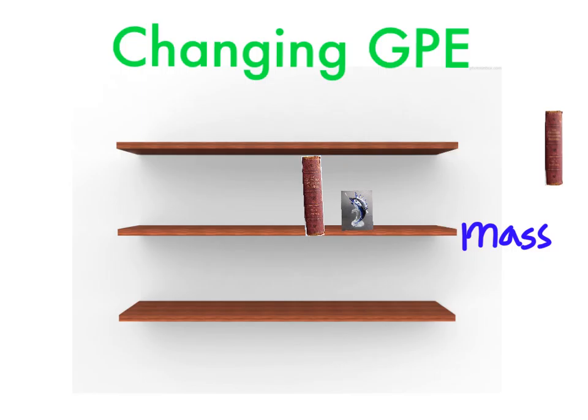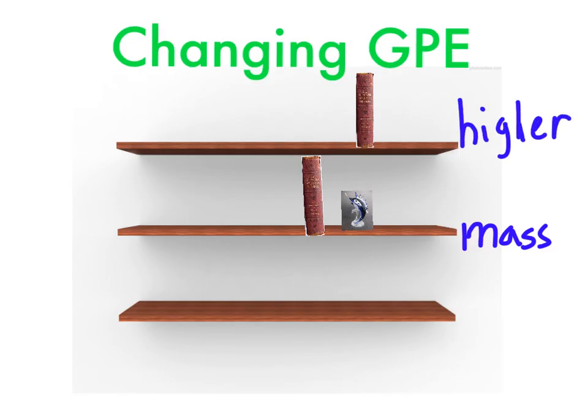So for your next talking point, I'd like you to write which one of these would have more gravitational potential energy. Now, it's the one that has more mass. Next, it says if 2 things have equal mass, the one that is higher has the greater gravitational potential energy. So in this case, the book on the top shelf would have the greater gravitational potential energy. So you should write higher in there.